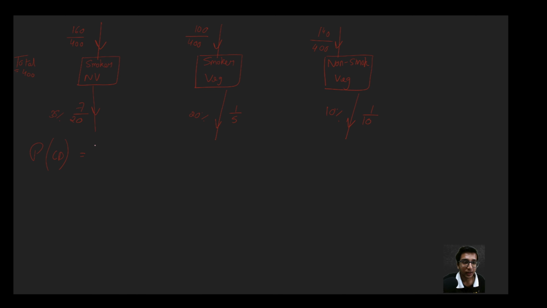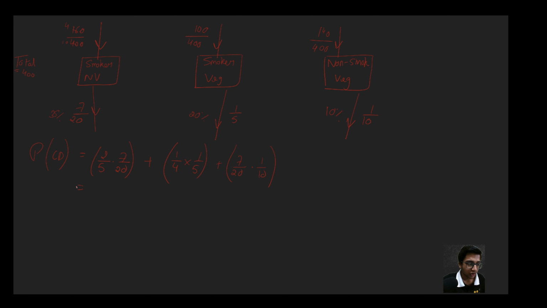From this pathway it is going to be 2 by 5 into 7 by 20, plus 1 by 4 into 1 by 5, plus 7 by 20 into 1 by 10.